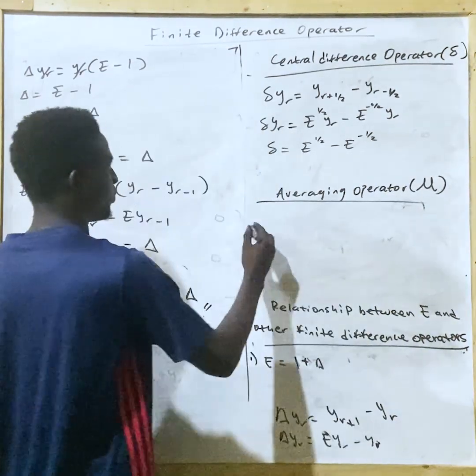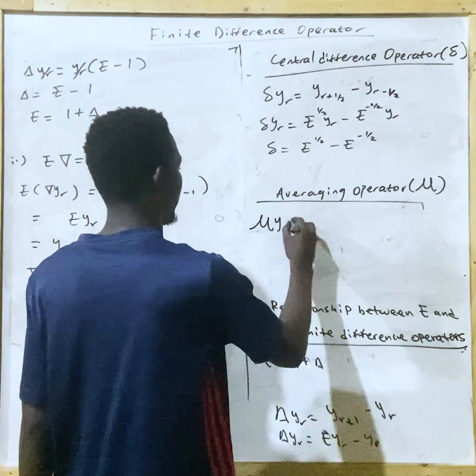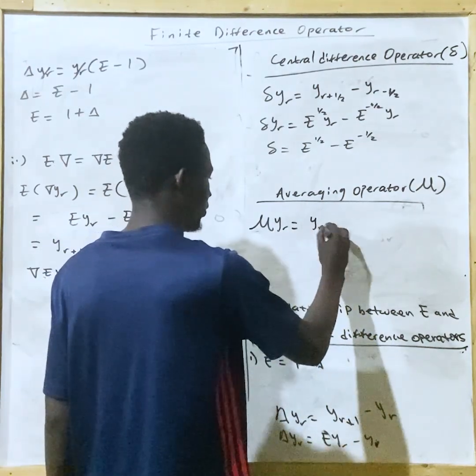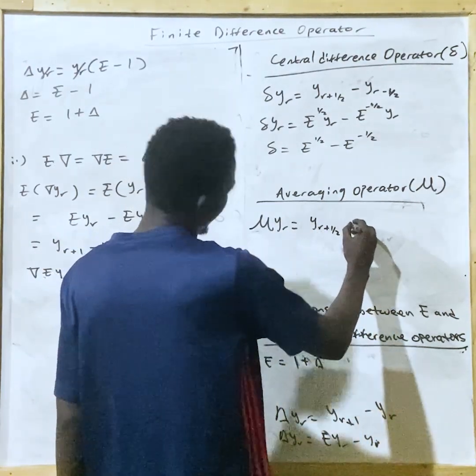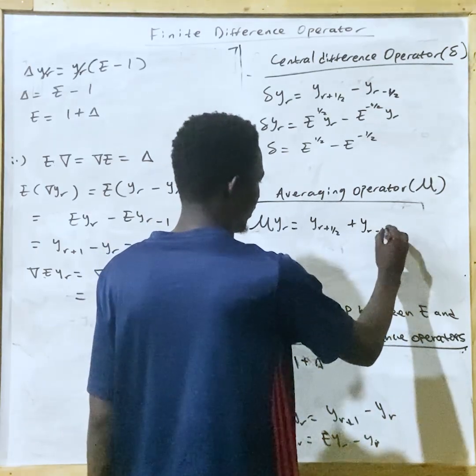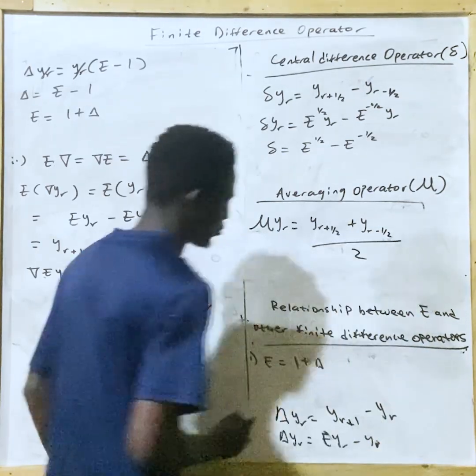So the averaging operator μ is (y at r plus half plus y at r minus half) over 2.